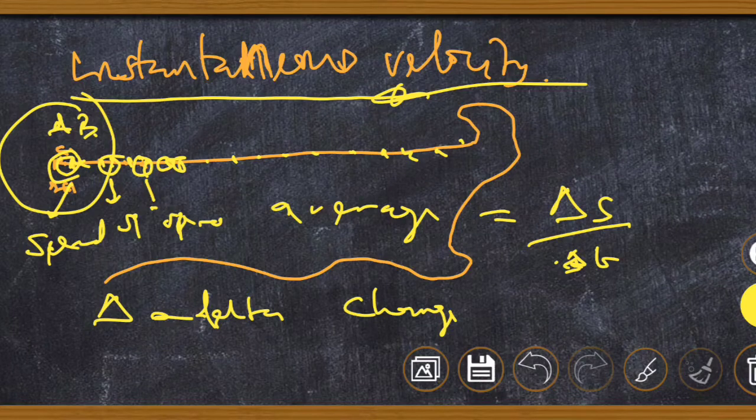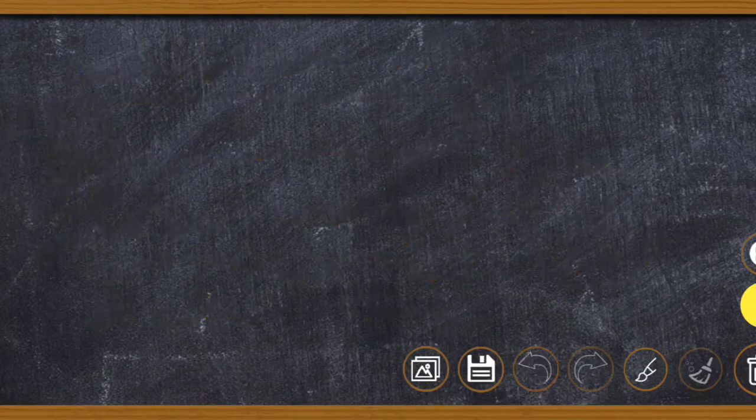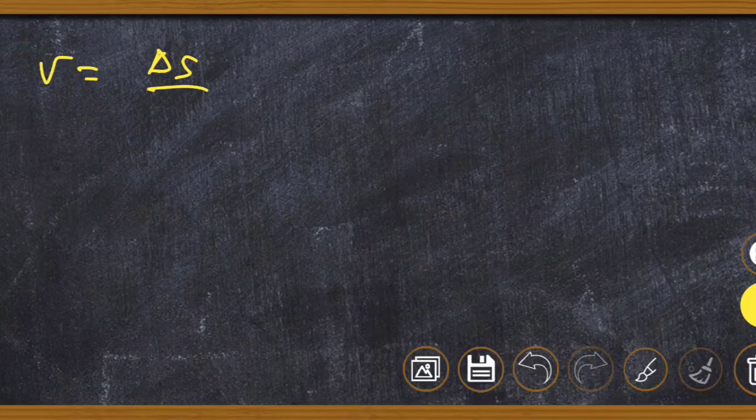But whenever we are referring to an instantaneous velocity, are you getting what I'm saying now? This change, which is average, change in displacement over change in time, will be taken over an infinitesimal time. So it simply means our velocity is taken as change in S over change in time.